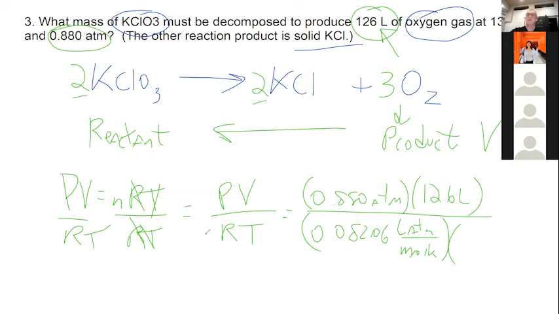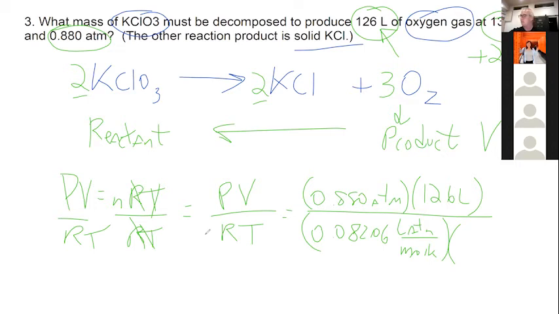Our temperature is 133. Do I just plug in 133? You have to convert it to Kelvin. Right, we need to convert it to Kelvin first. 406.15 Kelvin. Right, so you always add 273.15.